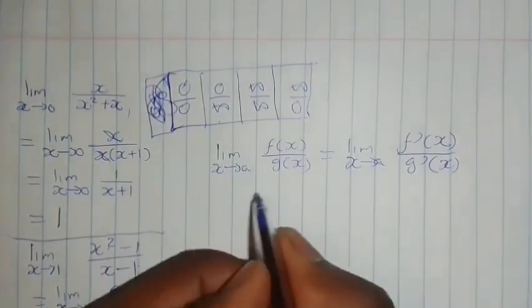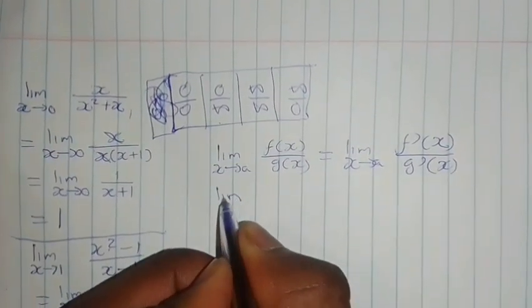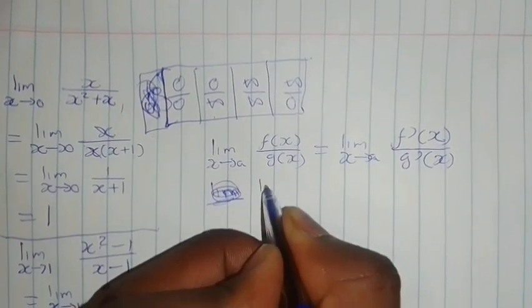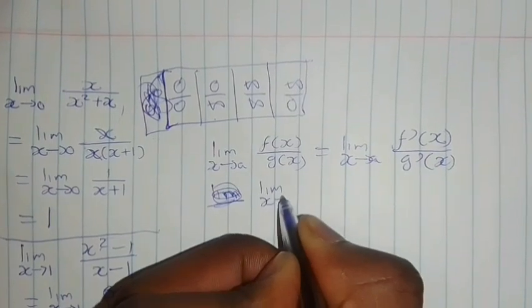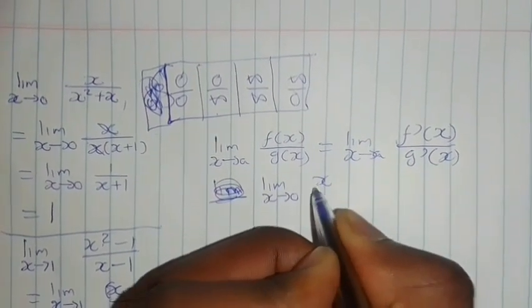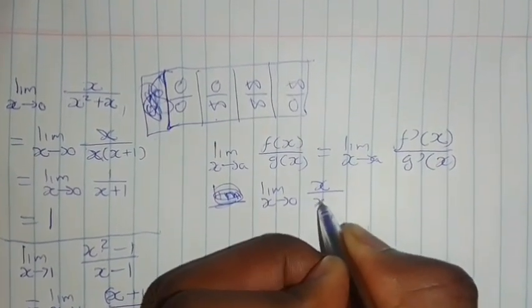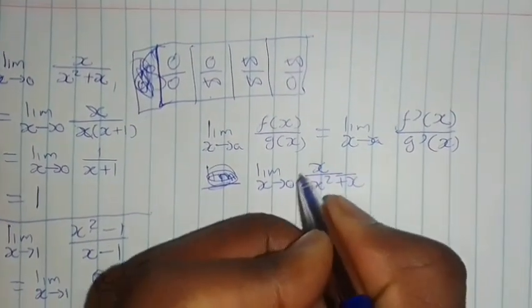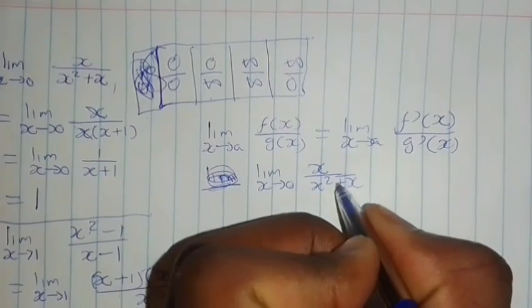So now if we're evaluating the limit when x goes to 0 of x divided by x squared plus x, notice that when x goes to 0, the numerator is 0 and the denominator will be 0. So we approach this condition.